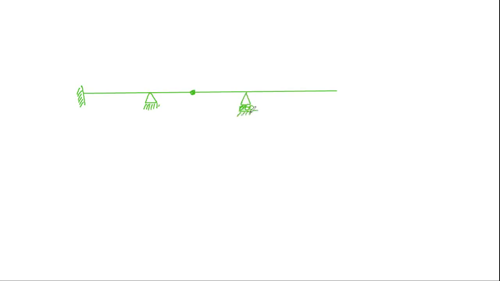It is a roller support. And there is another internal hinge and a fixed support here. Additionally, a UDL is acting on this portion. So what will be the formula? Ds is equal to number of unknowns minus number of equilibrium equations.